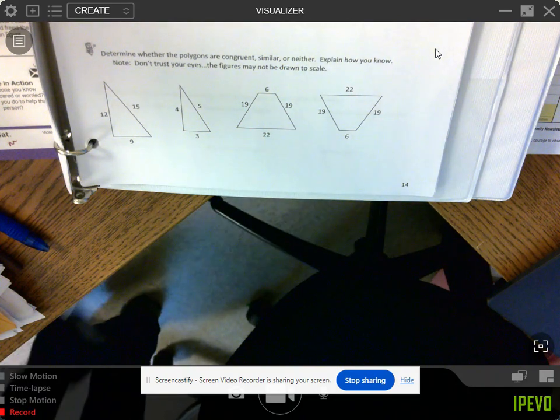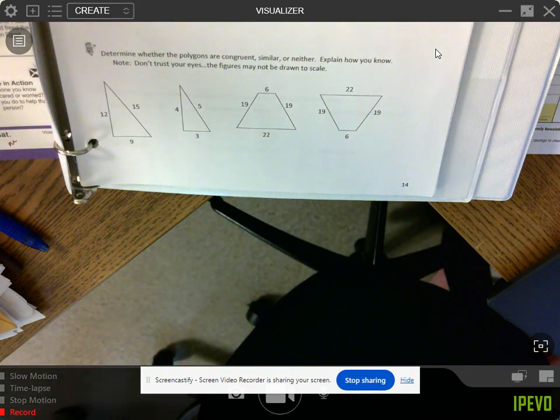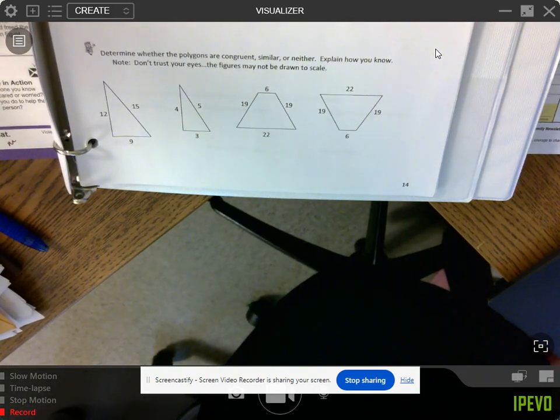So let's look at our first two polygons, those triangles. Are they congruent? No. So we know that it's not congruent because we have different numbers. So what do I have to do to see if they are similar? Liam, divide. What am I going to divide? 12 divided by 3.